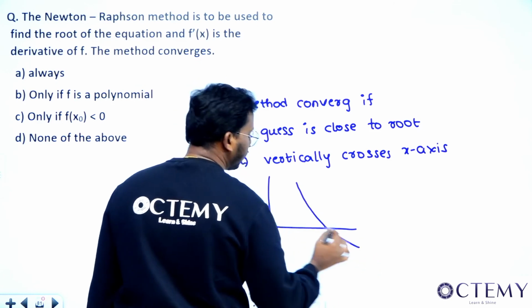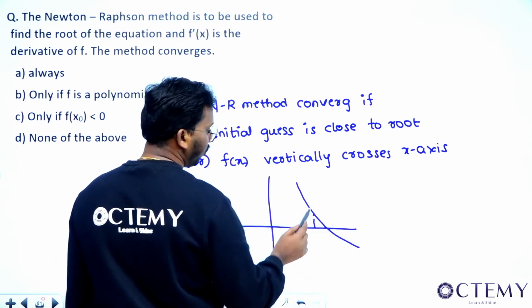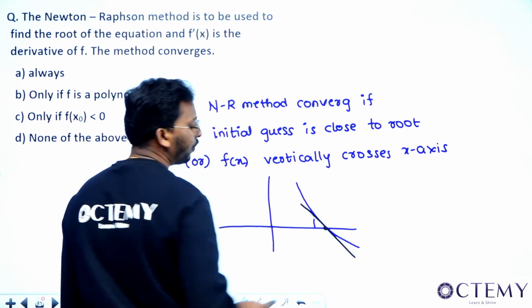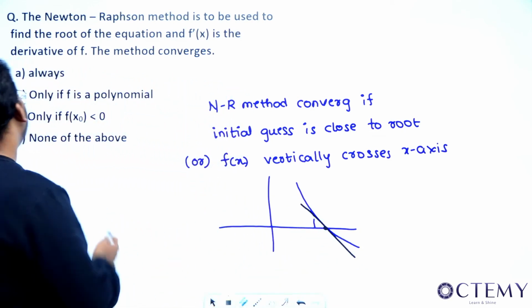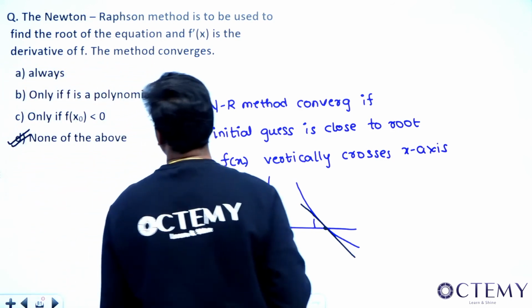So if it is crossing like this and say your initial guess is very near, then when you draw a tangent like this, then you will approach to the root very fast, right? So here none of the option is saying that, so option D is right.